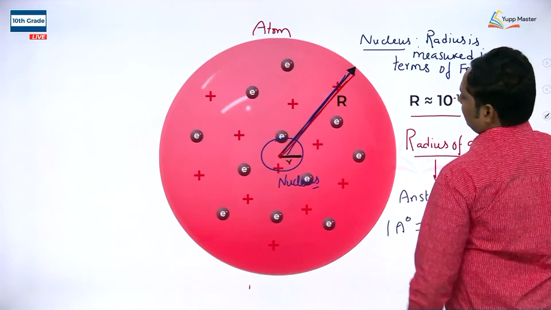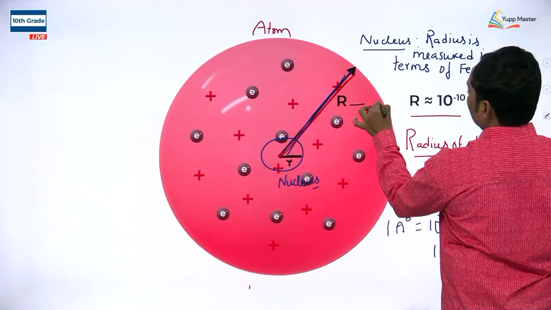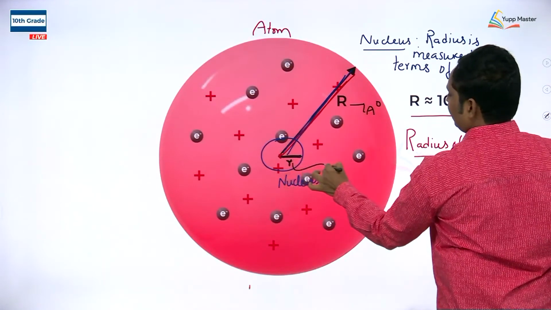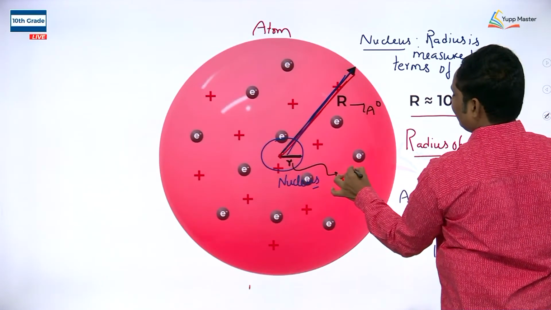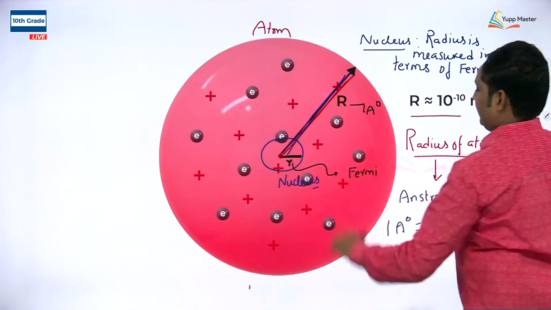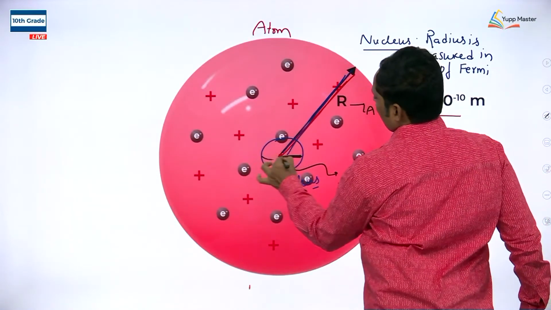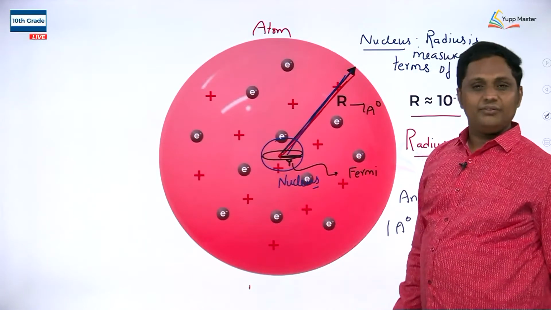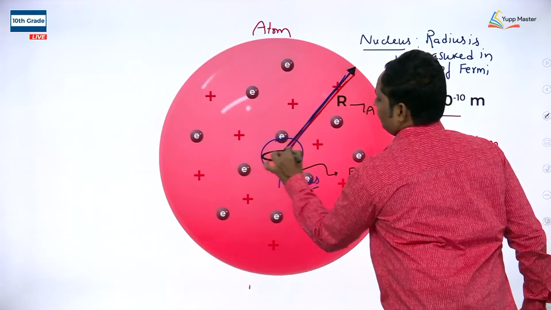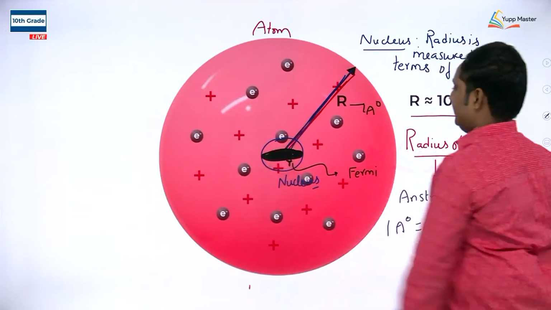Now, it is very clear, r is going to be expressed in terms of angstrom units, yeah, it can be expressed in terms of Fermi, yes, all right. If you are going to get this nucleus's cross section area, this is the cross section area of the nucleus, all right, whatever that I am going to have that shaded area.